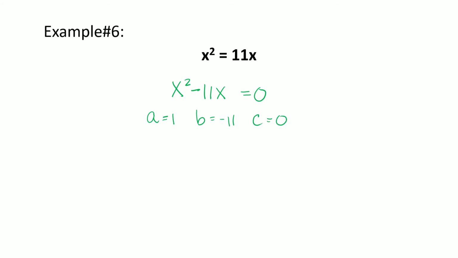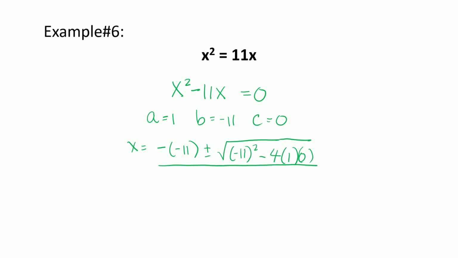0. Okay? So again, x equals negative of negative 11 plus minus the square root of negative 11 squared minus 4ac, all over 2 times 1.